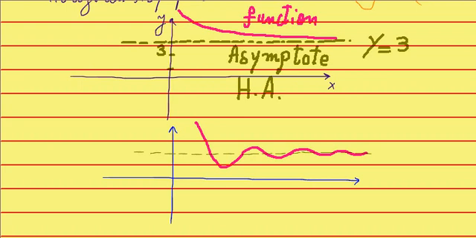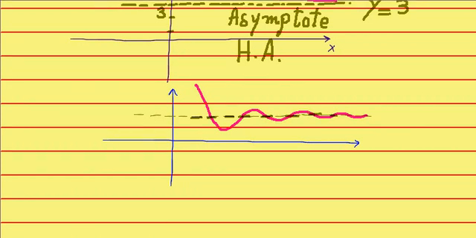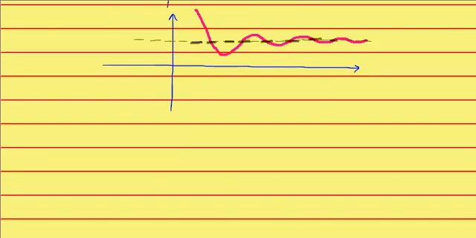So here you obviously have a cut. Here are the cuts, and so on. So you could have infinitely many cuts. Some of the challenging problems you see later on, maybe the function cutting its asymptote just once.